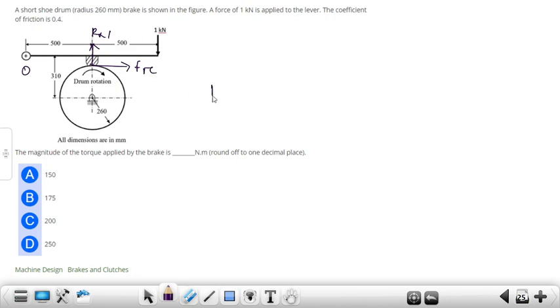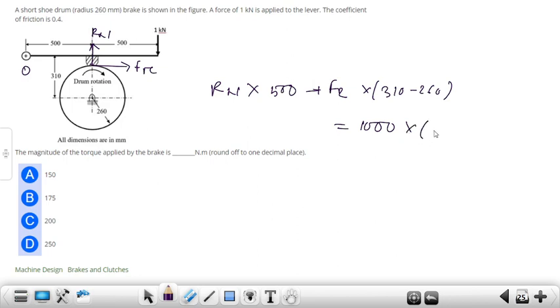Taking the moment balance, Rn into 500, the distance, plus Fr into 310 minus 260, which is equal to 1 kilonewton, 1000 newton, into 500.